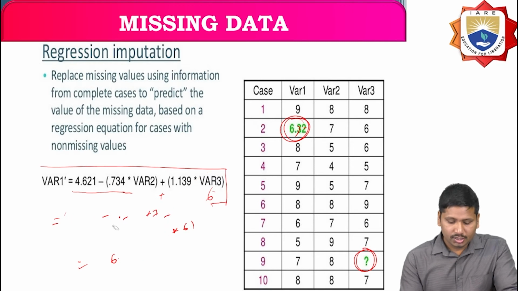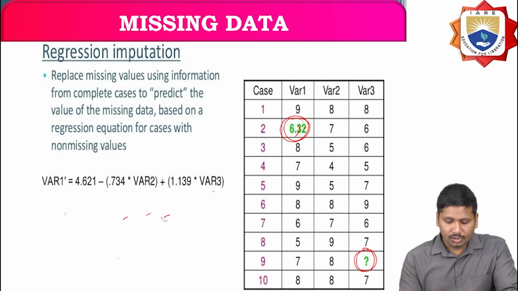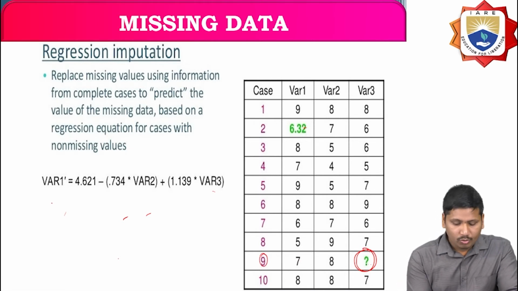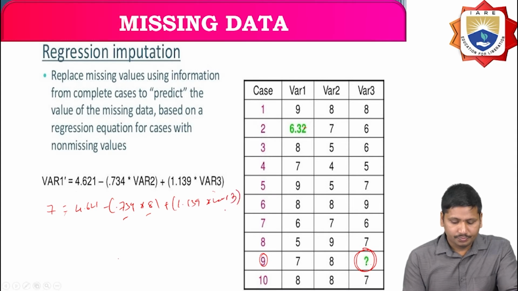Let's see another example here. Here I'm getting a missing value in variable 3 in the 9th case. For this, the variable 1 is 7. So 4.621 minus 0.734 into 8 plus 1.139 into variable 3, which I'm taking as unknown.